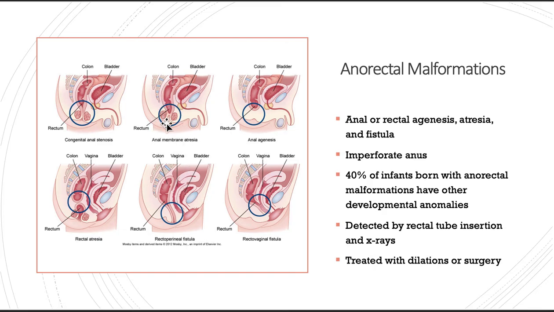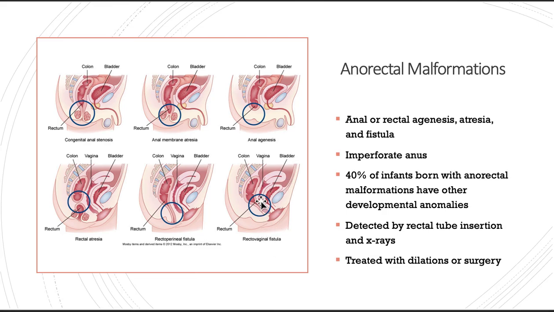But that's for atresia. Now, it could just be that, or it could be an agenesis where here the anus didn't develop at all. It's not just that it mostly developed and just didn't go through the skin. There's nothing there. So obviously surgical intervention is necessary for both of those. Okay. A fistula is an opening where it shouldn't be.